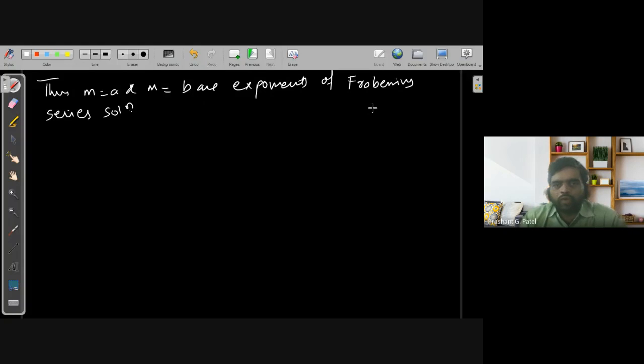That means we have the Frobenius series solution x raised to n plus m, so this value of m is a and b. They are the exponents of this Frobenius series solution.